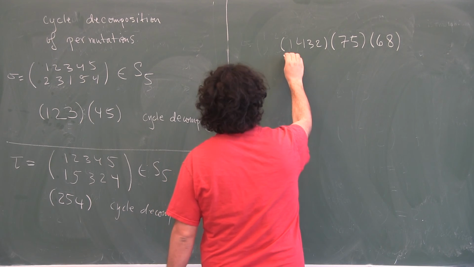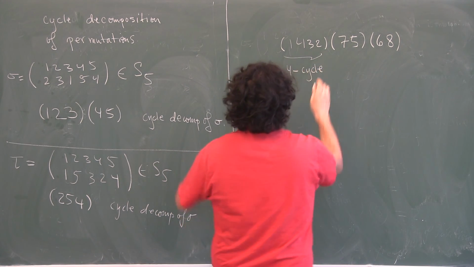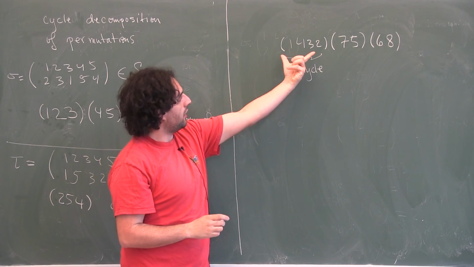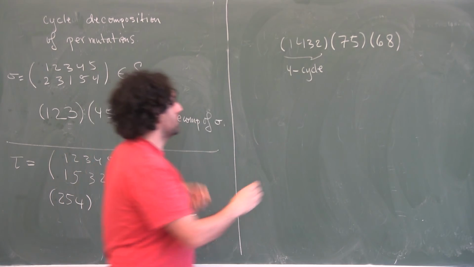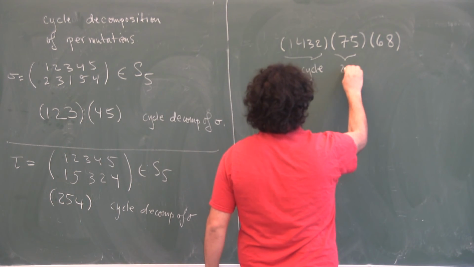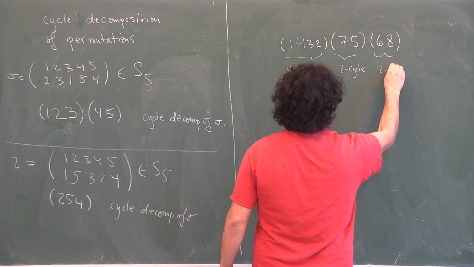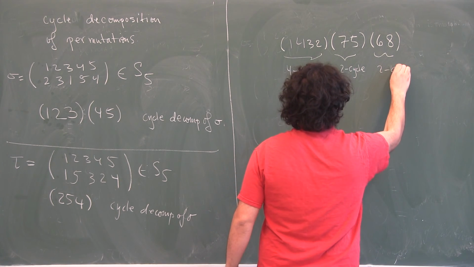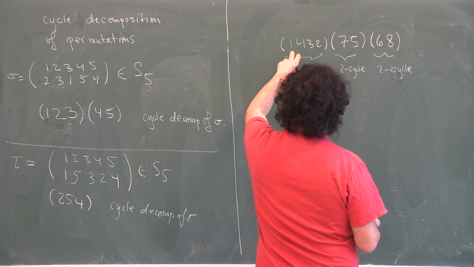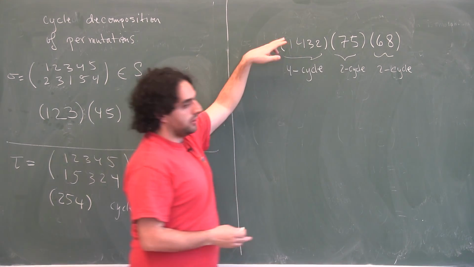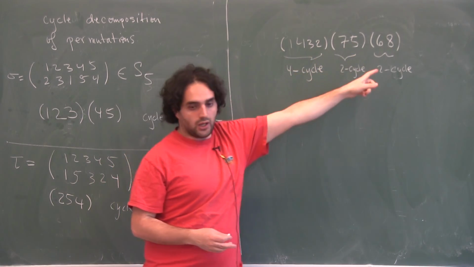Okay, so here I have a 4 cycle. It means I have a parentheses and I have 4 numbers inside the parentheses. Here I have a 2 cycle. And here I have another 2 cycle. Now, altogether, in my 3 cycles, I've used 1, 2, 3, 4, 5, 6, 7, 8.